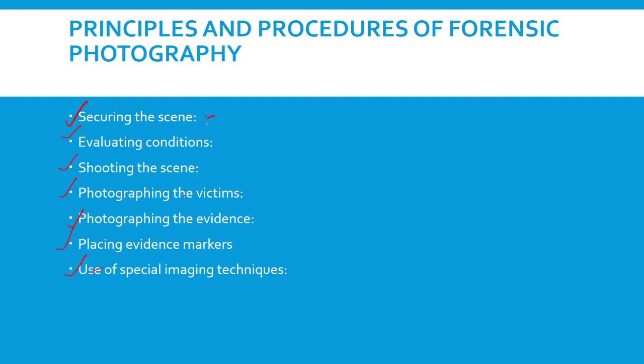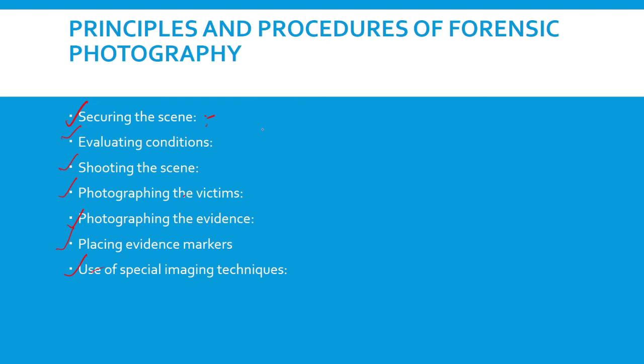In the first one, securing the scene, it says that after the crime has been established, the crime scene should be secured as it is, and any relocation in the scene photographed will act as strong evidence. The duty of the first responding officer is to secure the crime scene, and no one should enter it.